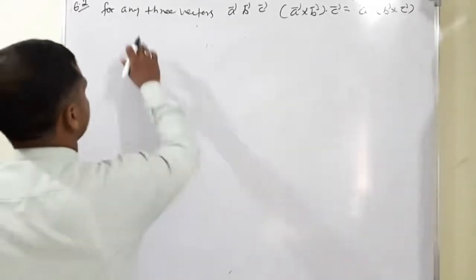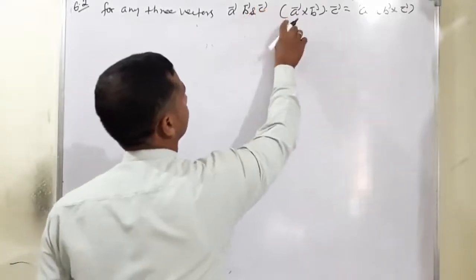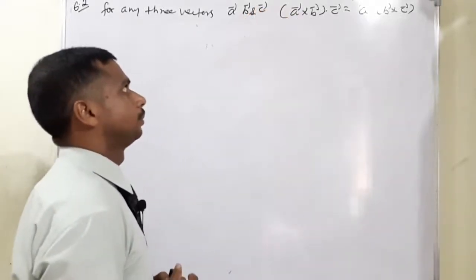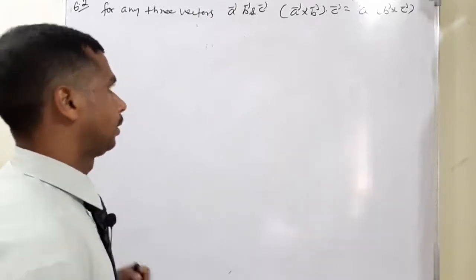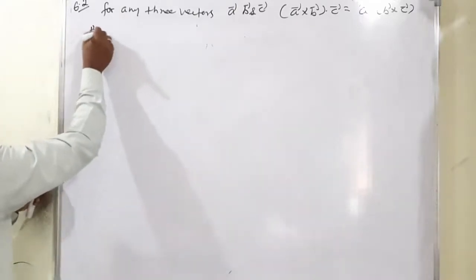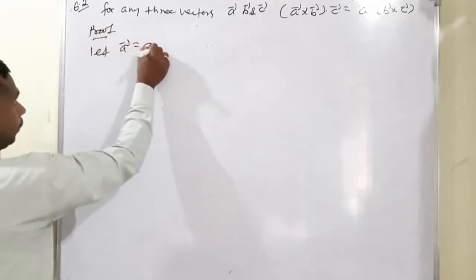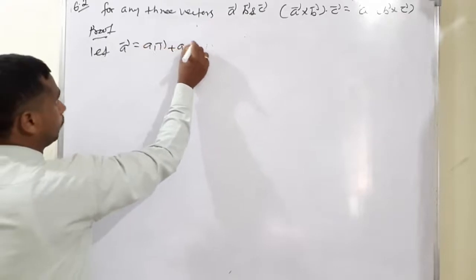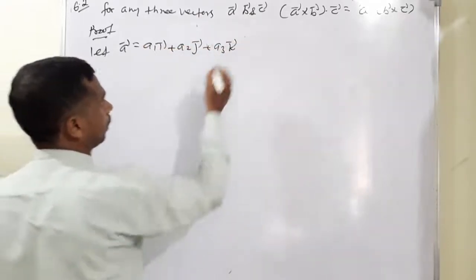Theorem 6.2. For any three vectors A vector, B vector and C vector, we have to prove A vector cross B vector dot C vector is equal to A vector dot B vector cross C vector. Proof: let us consider A vector is equal to A1 I vector plus A2 J vector plus A3 K vector.